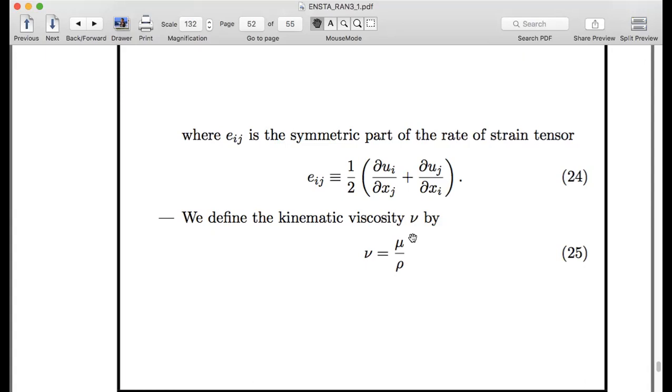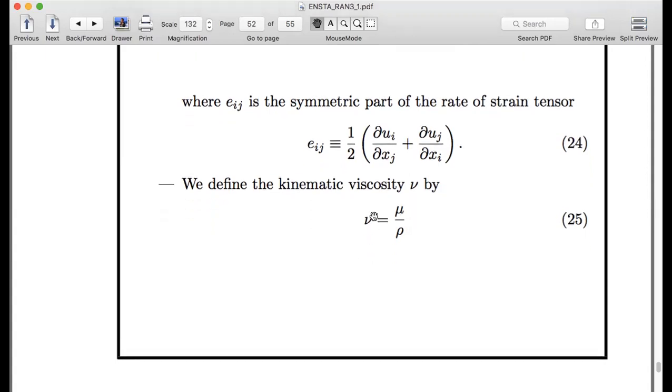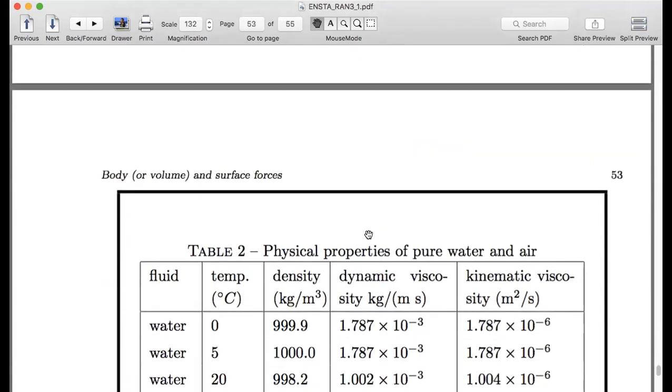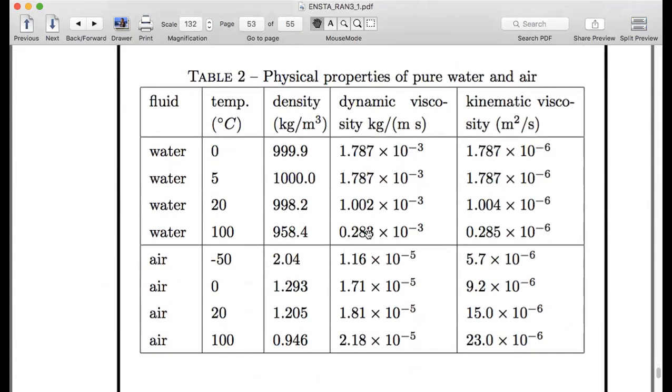Physically it was easier to introduce the dynamic viscosity mu, but if you divide it by the fluid density, then you get what's called the kinematic viscosity, nu, Greek letter nu. And yeah, so let me just give you some typical values here.